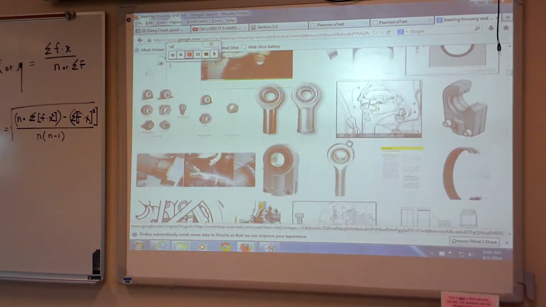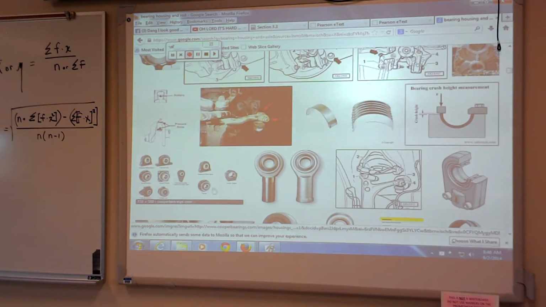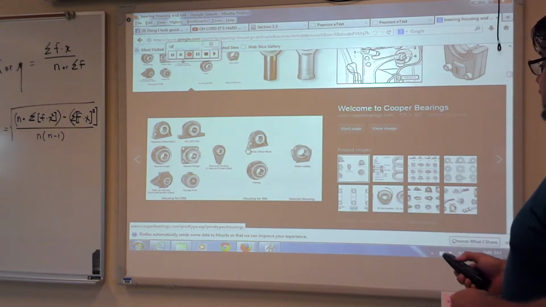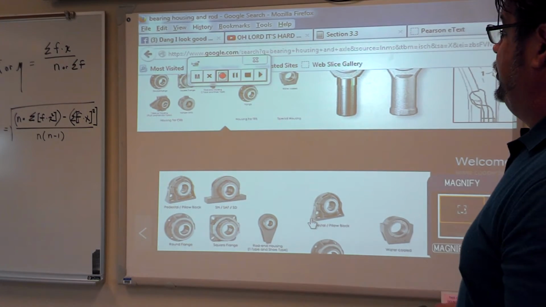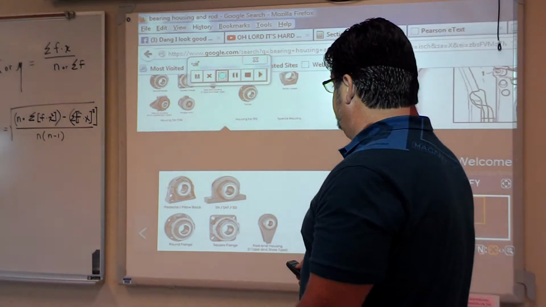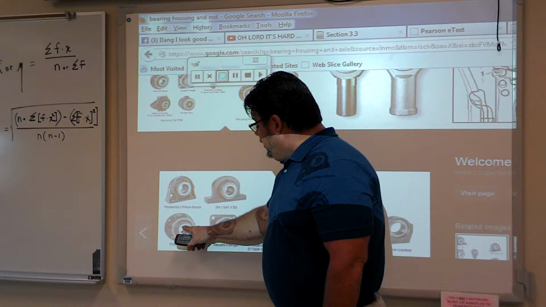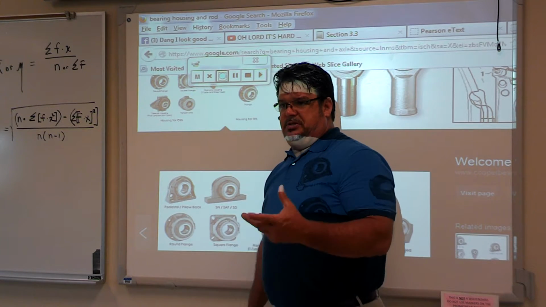It's actually two pieces of metal. Here we go. There it is right there. Let me blow it up a little bit for you. Now, the reason I'm showing you this is not because this is mechanical drawing 101. That's not why I'm showing you this. This is a bearing. It's made up of an inner race and an outer race, two pieces of metal.